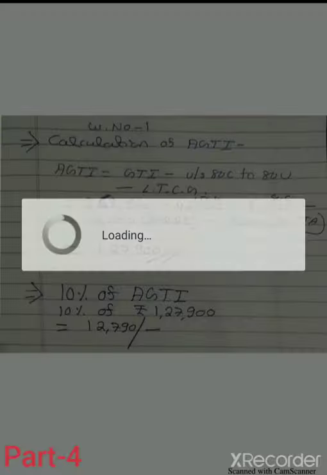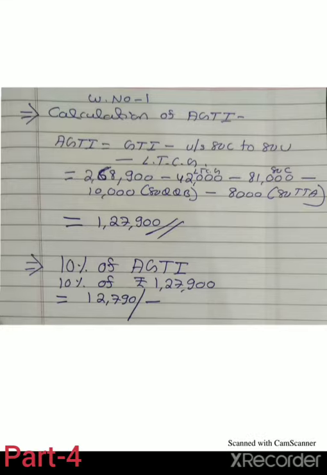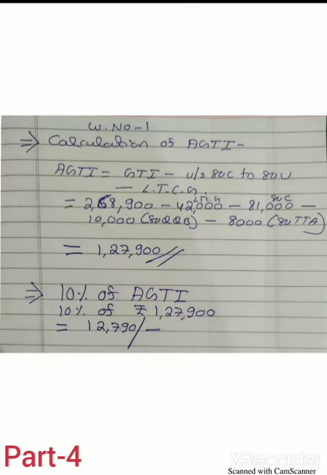Working note number 1. We know the formula for calculating adjusted gross total income: gross total income minus deductions under section 80C to 80U minus long term capital gain. After deducting all these things, the adjusted gross total income is 1,27,900. 10% of 1,27,900 is 12,790.